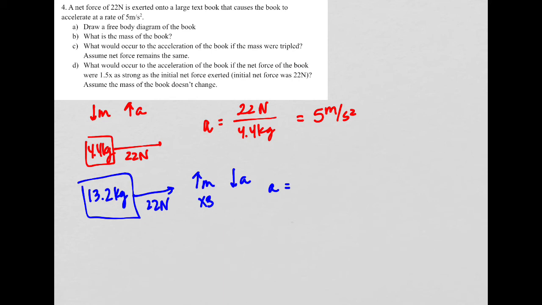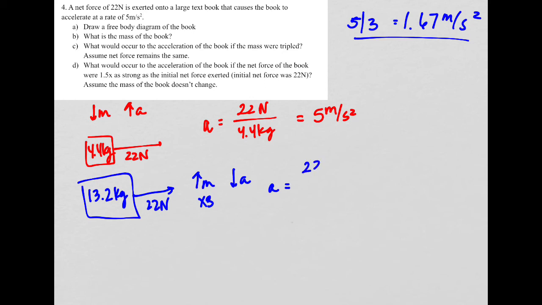Well, we're increasing the mass by 3 times. So if we divided 5 by 3, maybe we would get the answer, right? Because we're also decreasing the acceleration by 3 times. This would be 1.67 meters per second squared. So let's plug all of our information down here and see if that's right.